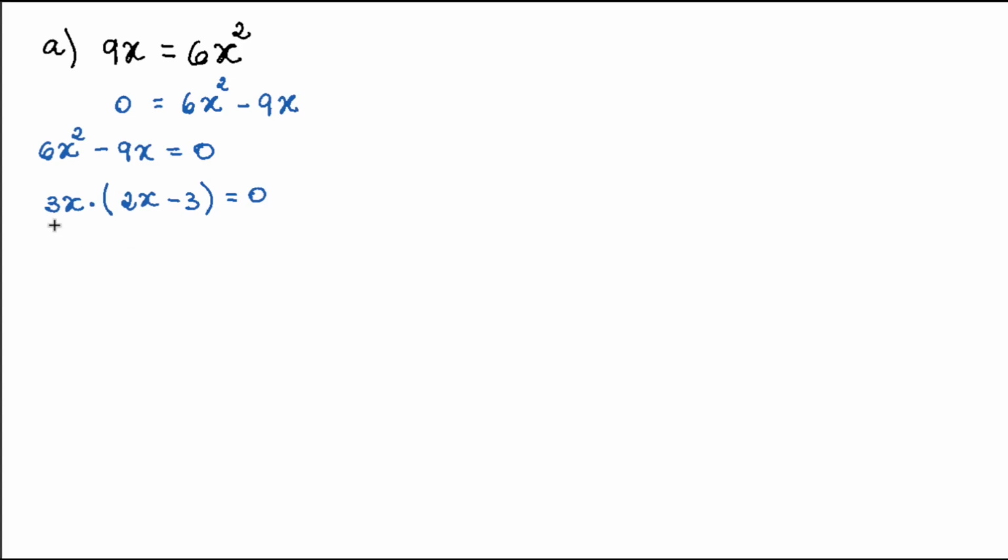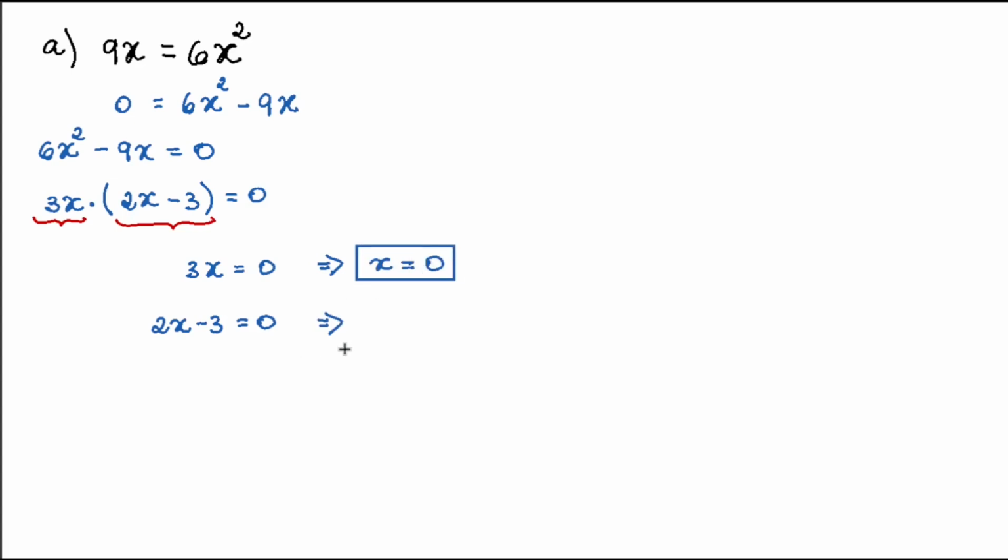Now, according to the zero factor law, we set each factor to 0 and solve for x. 3x equals 0 or 2x minus 3 equals 0. Let's solve the first equation. Dividing both sides by 3, we have x equals 0. This is the first solution.